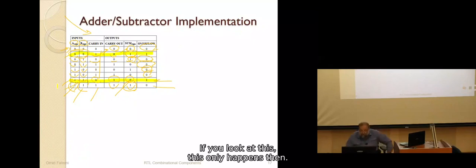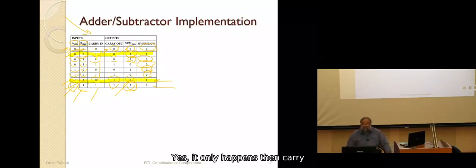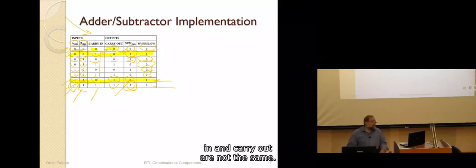It only happens when carry in and carry out are not the same. When carry in, carry out are both 0, overflow 0. But when carry in is 1, carry out becomes 0, then we have overflow. And here, if carry in is 0 and carry out is 1, then we have overflow.